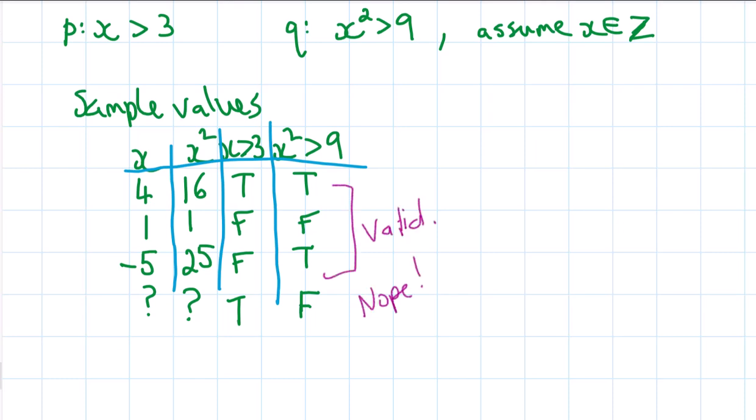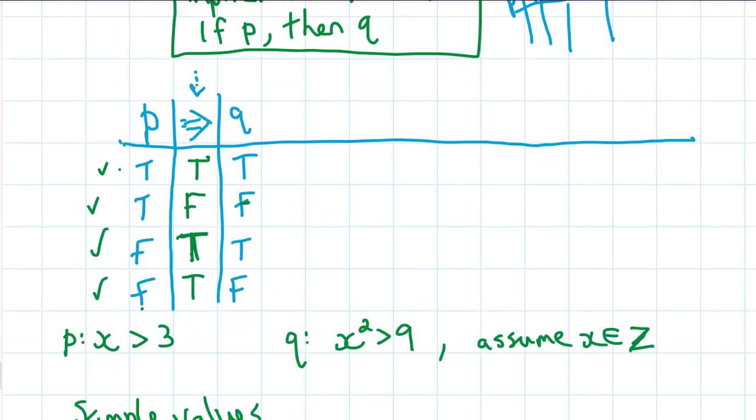Well, the answer is no, it's not possible. If you've got something bigger than positive 3, there's no way, there's no examples we can supply that will give an X squared value greater than 9. So it's not actually possible. So it's kind of, in a way, shows that previous result we just saw above, where everything is true in here, except for the case of where we have true then false.